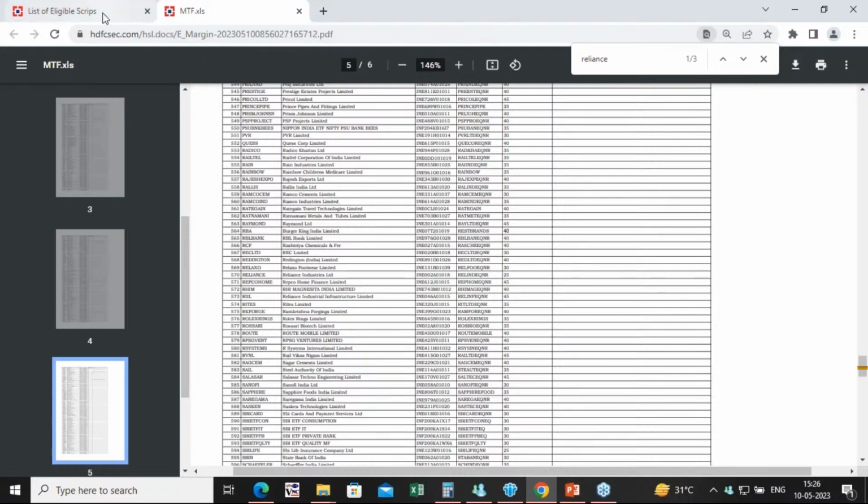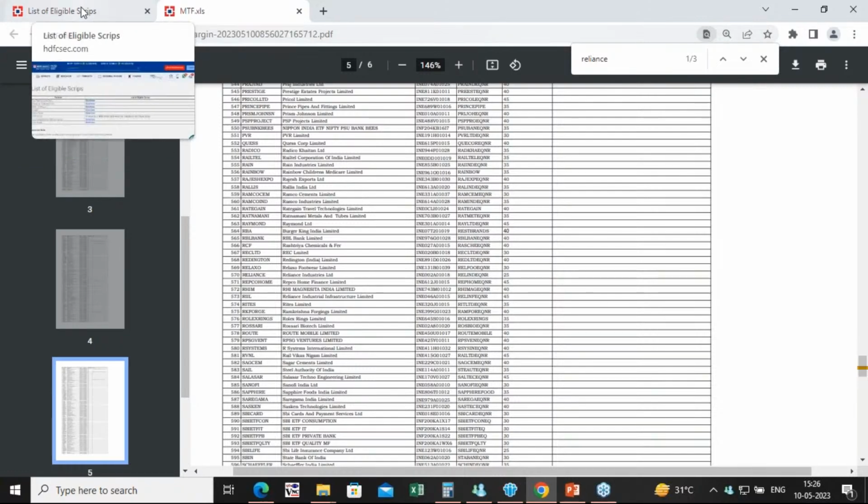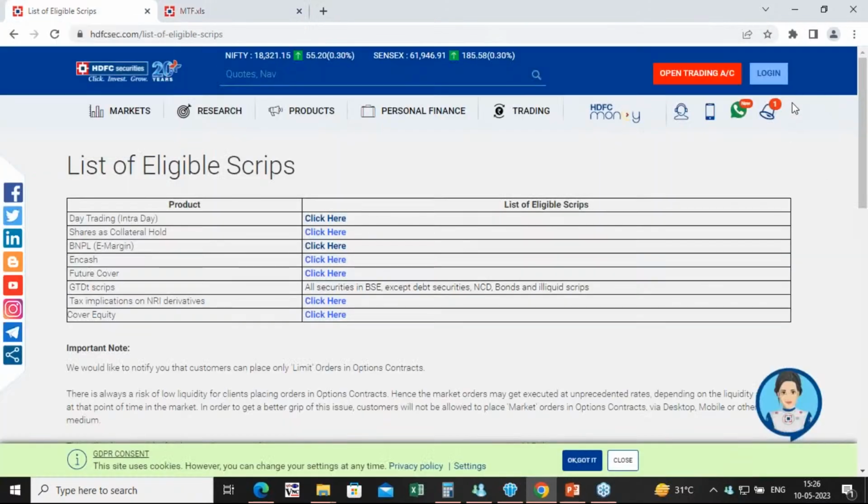Let's see how you can place an order in e-margin. Let me log in to my account. This product is available on every platform, that is, Empowered, Invest Right and Pro Terminal. In these three platforms this product is available.